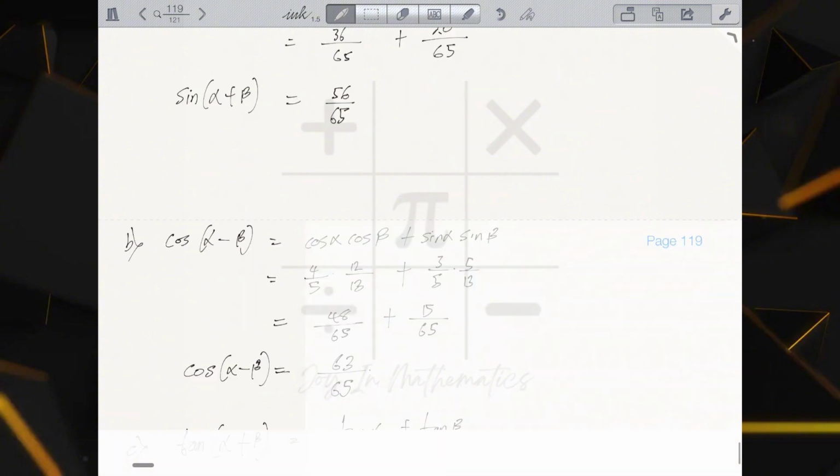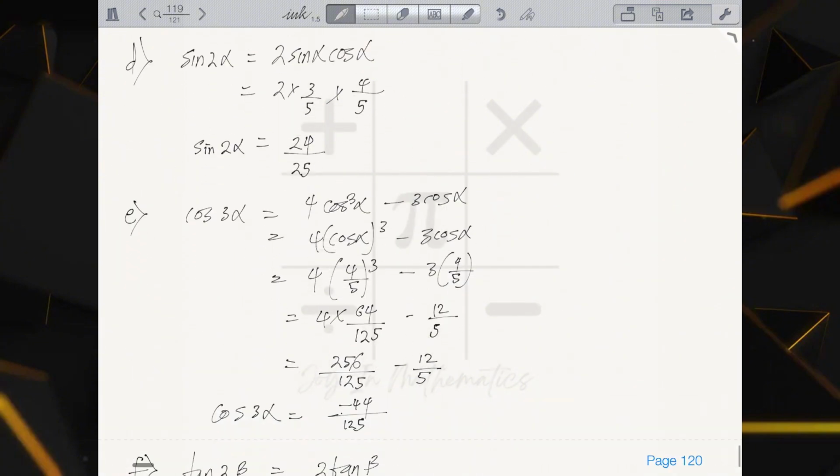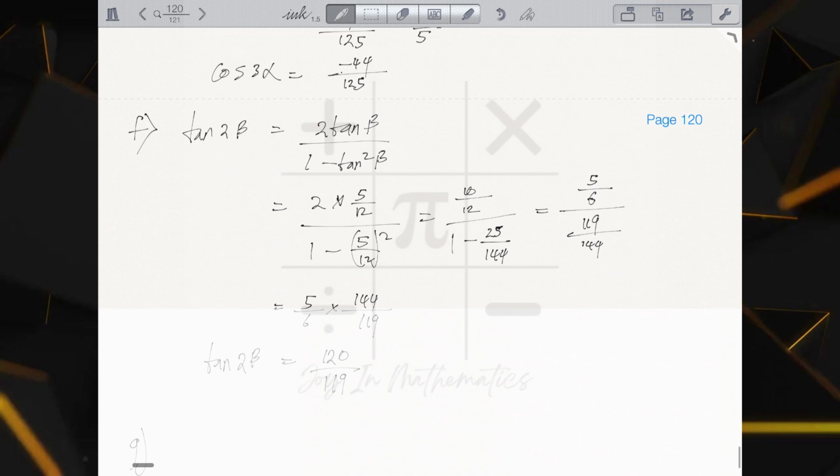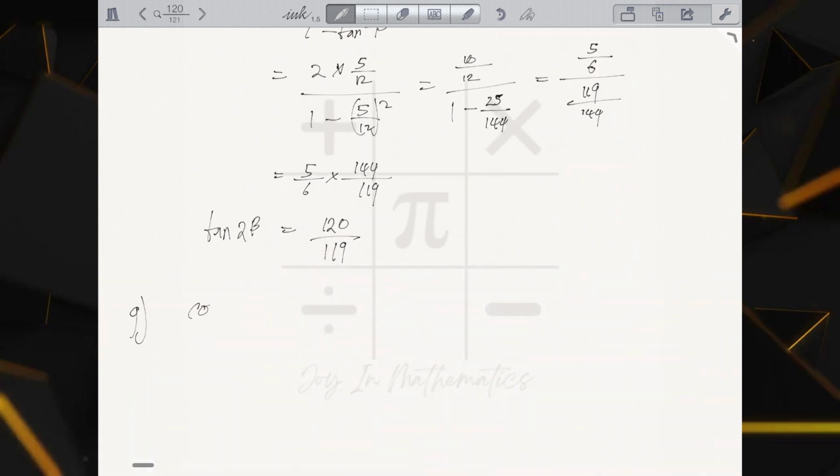Now, we have evaluated cos 3 alpha, but now let's evaluate cos 3 beta. Let's write the expression in terms of beta. So that means we'll have 4 cos cubed beta minus 3 cos beta.